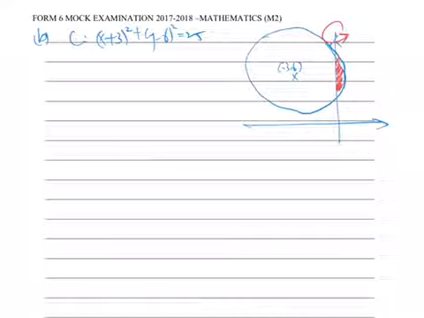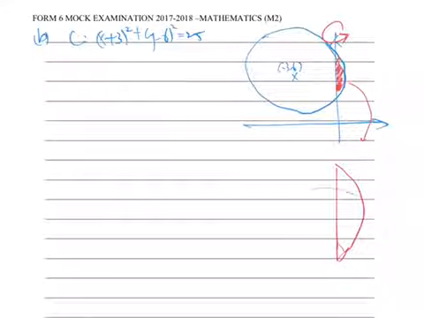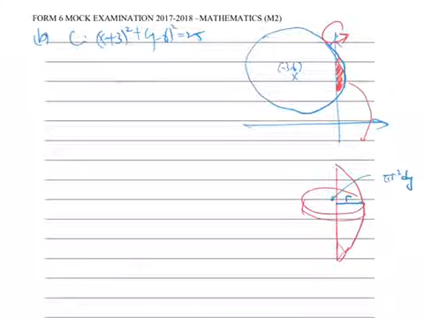Okay, so we take this one out. So actually we try to rotate this one to form the volume. So we let this be the radius. So this small volume is pi r squared times dy. And then we sum it up from here up to here.